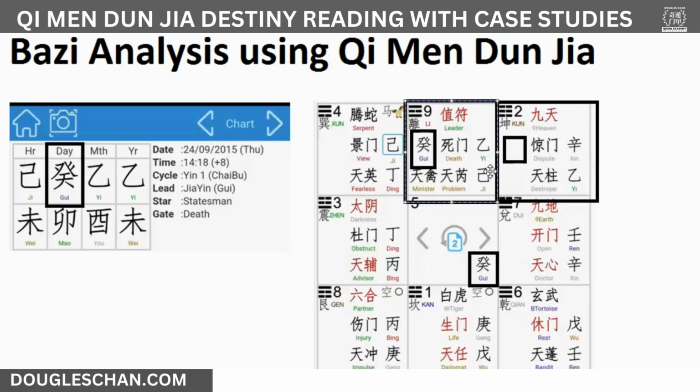So box number 2 and box number 9 are the energy of the person that shifted from box 2 to box 9. After 35 to 40 years old, he will be moving to this box 9 energy. You talk about the energy of the person.